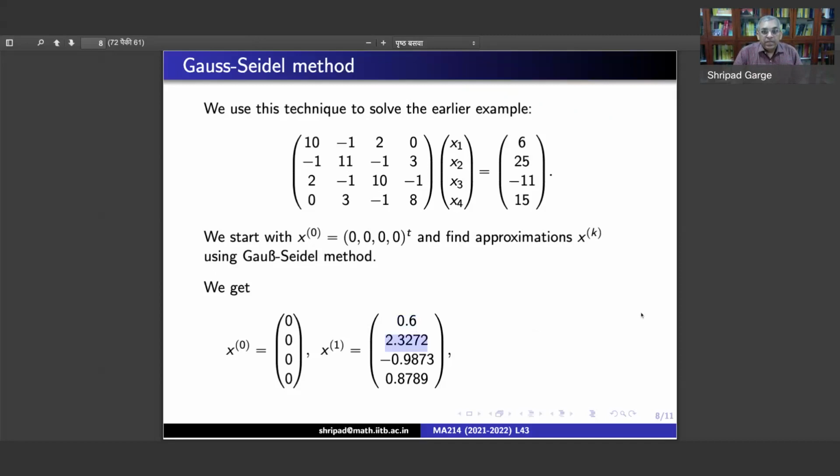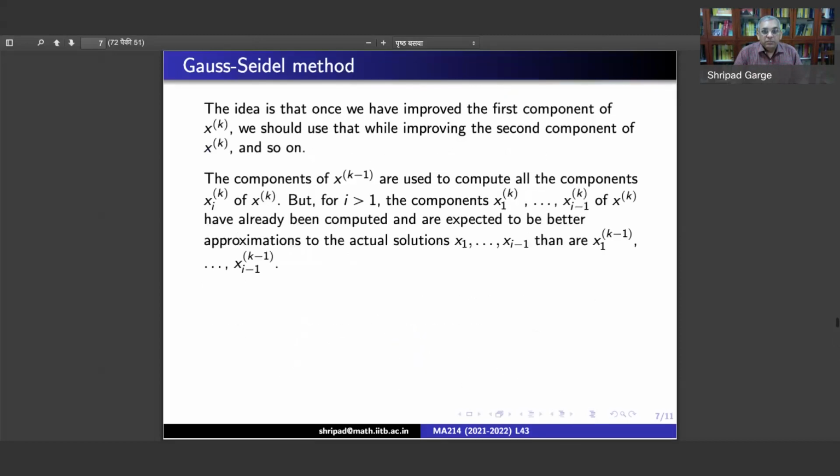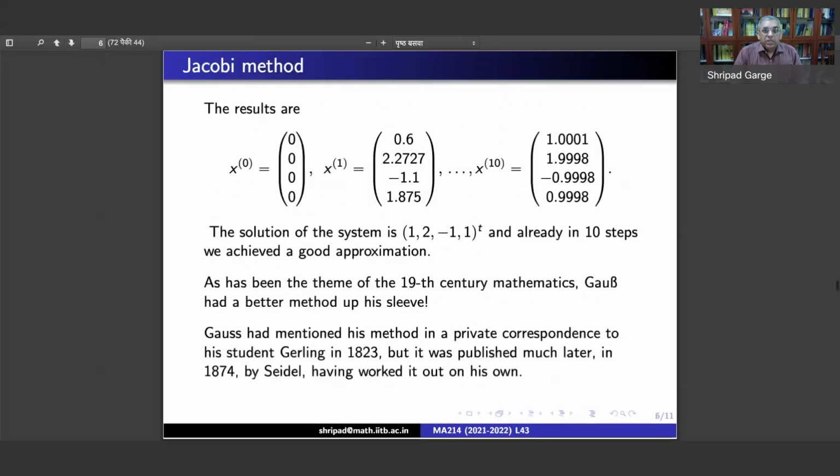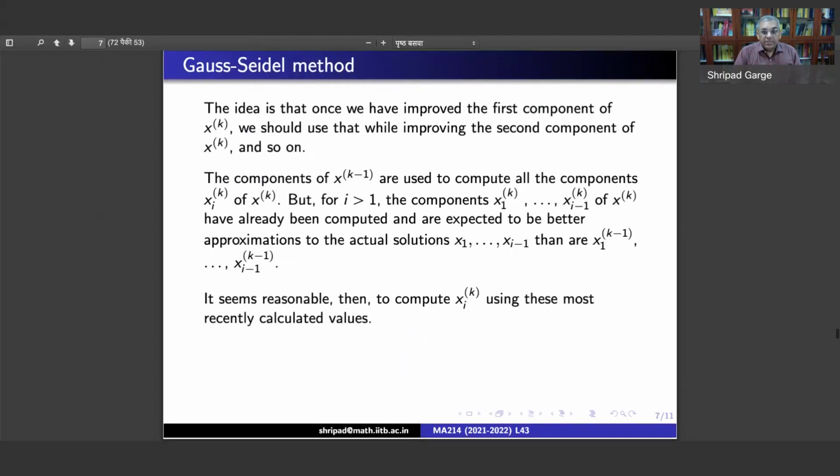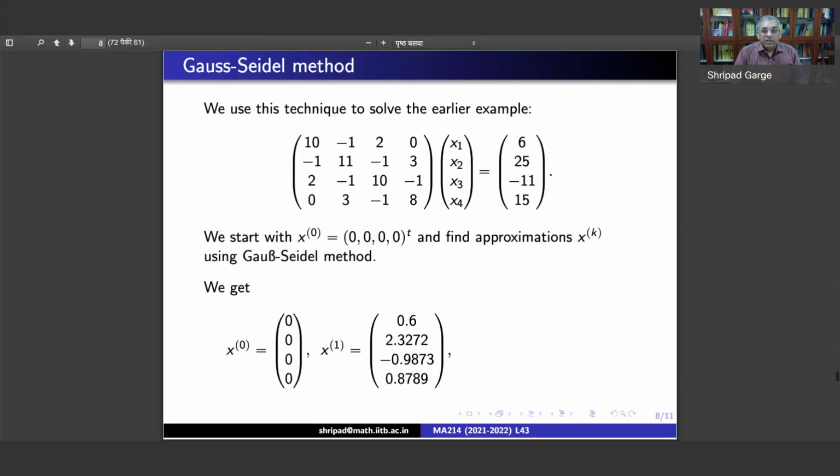2.3272, whereas that one was 2.2727. There is already a change, and instead of minus 1.1, we get minus 0.9873 and then 0.8789.